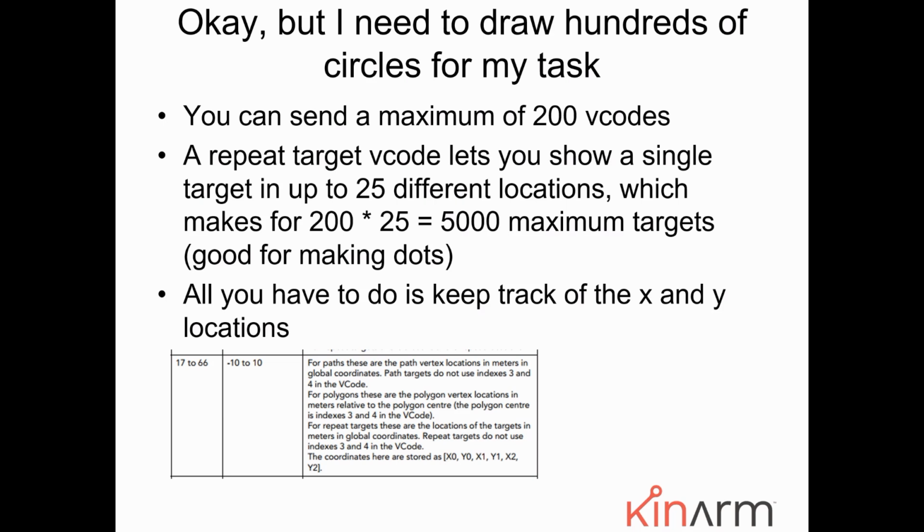All you have to do is keep track of the X and Y locations, which means for each V-code I need to keep track of 50 numbers. And 50 times 200 is 10,000. So in my code, I have to manage a matrix that has 10,000 elements. That will make me run into a different boundary. I will run into the TET.